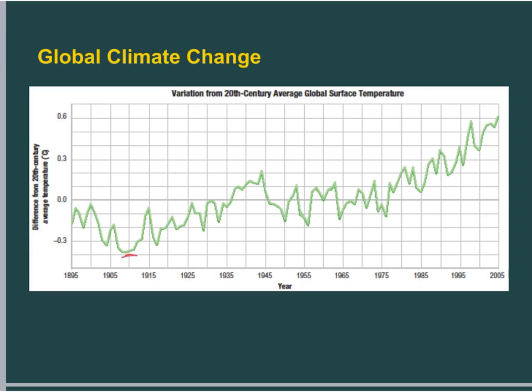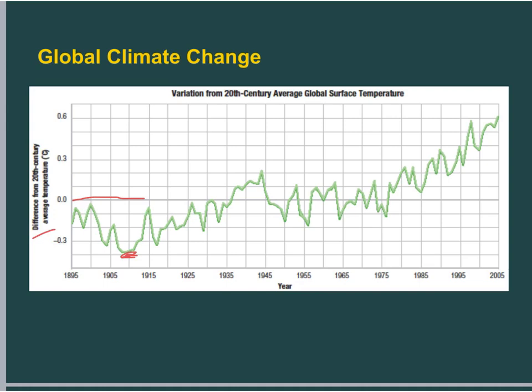So you can see here in 1910 or so, it was cooler. It gets warmer, cooler, warmer. But look at the overall average, and this line is kind of there to give you an idea of that. So if you're looking at the y-axis, it says the difference from the 20th century average temperature. So this is a difference from the average.